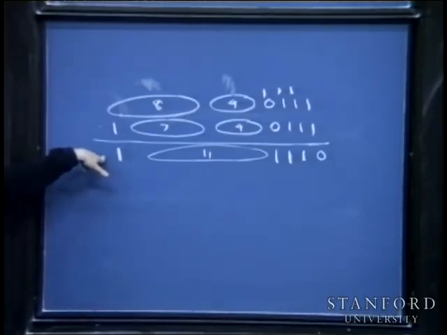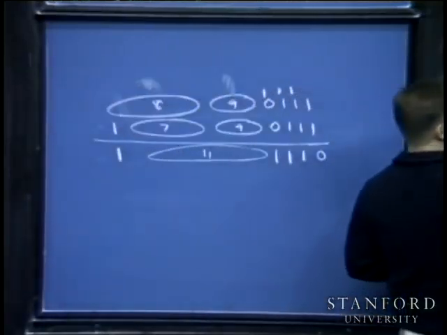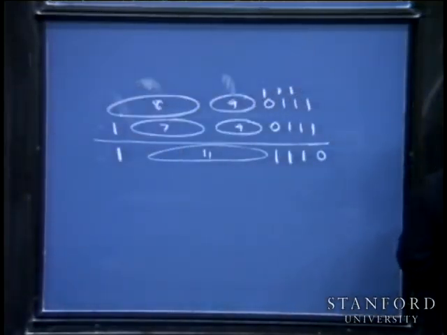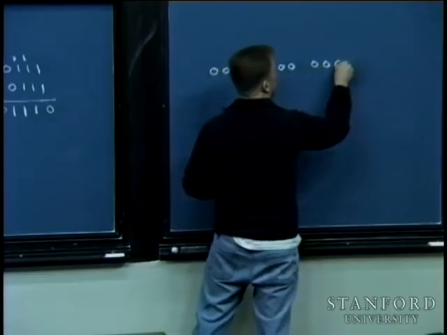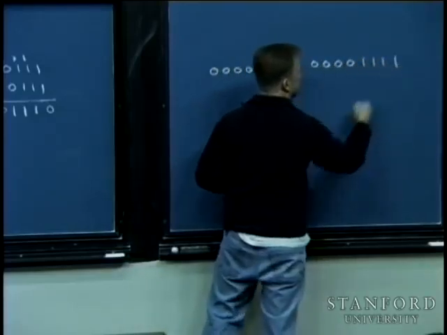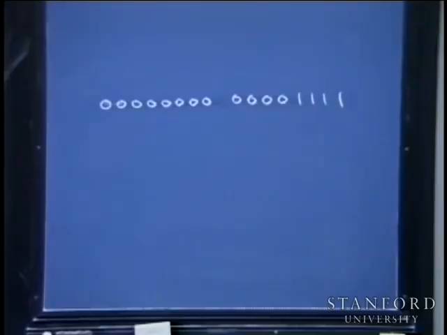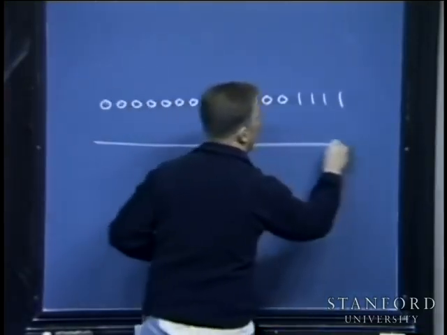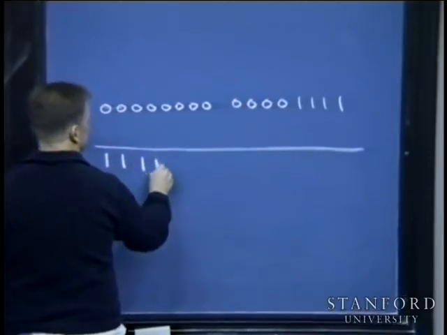It's easier to not worry about how to get all zeros here. It's actually easier to figure out how to get all ones here. So if I put down 1, 2, 3, 4, 5, 6, 7, 8, 1, 2, 3, 4. Let's mix it up. Let's put the number 15 down. And I want to figure out what bit pattern to put right here to get all ones right here.